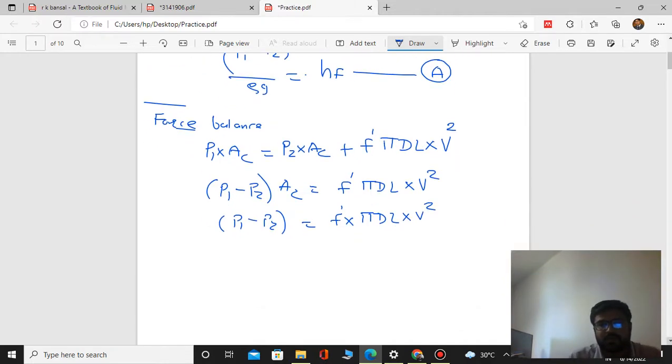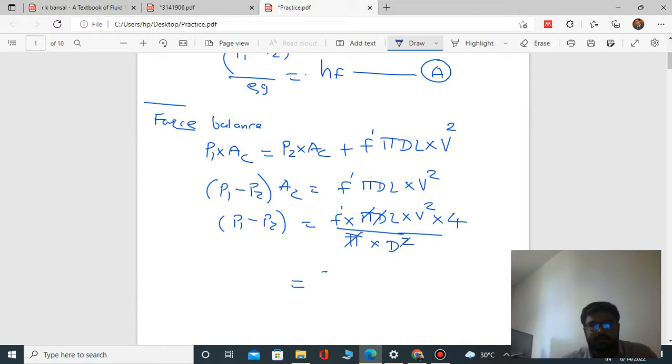I told you the equation for area of cross section: AC, area of cross section, is pi/4 d square. So here you will have to write pi/4 into d square. Clear? Here we have 4. It was not written properly, but it is 4. So pi gets cancelled, d also gets cancelled.